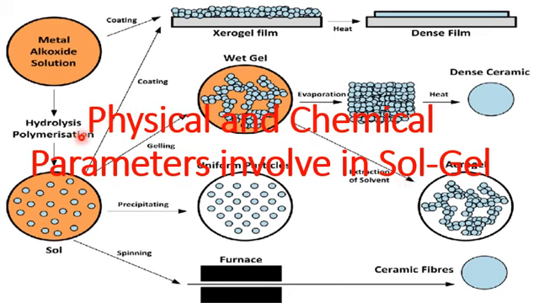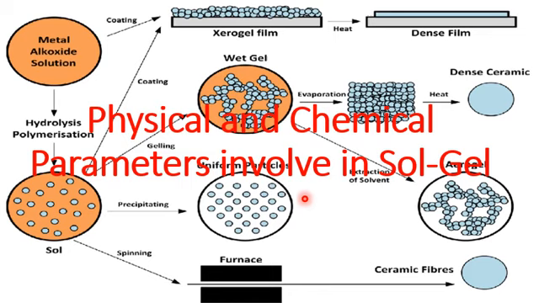So dear student, please note that if you want to prepare nanoparticles, nanorods or nanowires, we need physical parameters like the pH value of the solution which is processed under a sol gel process, also the temperature and pressure used on the solution. And the chemical parameters involved in sol gel process are the chemical composition and the role of the surfactant and reaction inside the sol gel process solution.